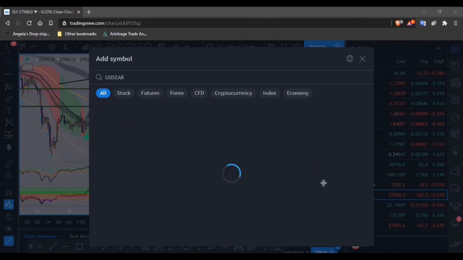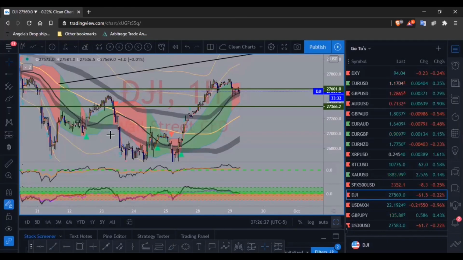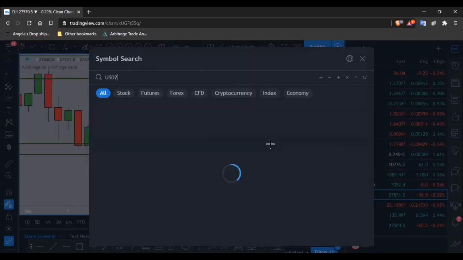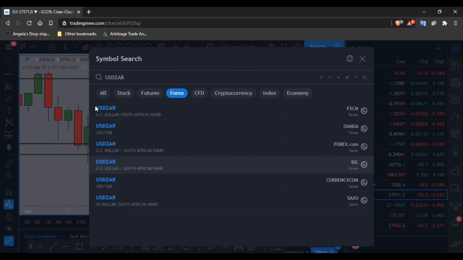Let me do this. Maybe if I come over here and it's not on arbitrage, it'll load better. There we go.